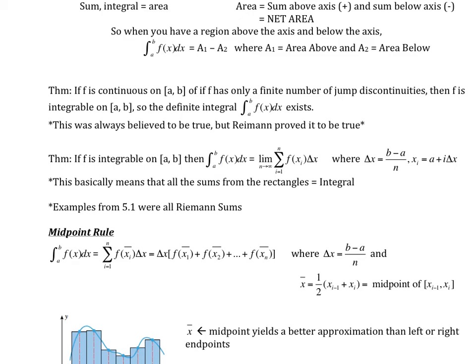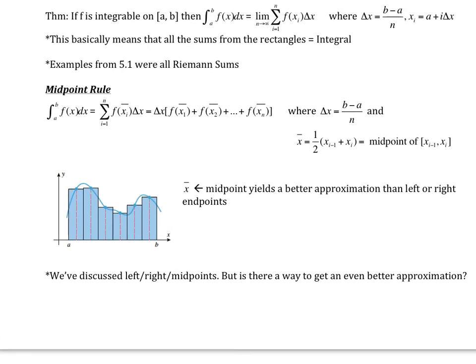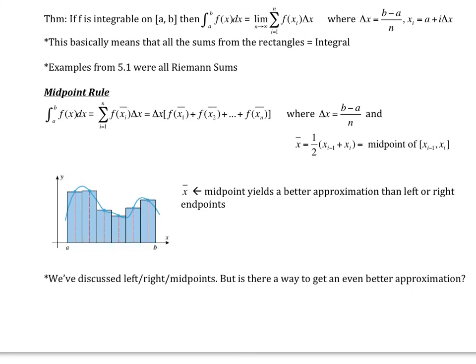Now let me talk about one that I haven't given you a specific example of yet, but it's the midpoint rule. In the midpoint rule, it's the integral from a to b of f of x dx, which is the sum of f of x bar sub i delta x. These x bars are going to be averages.